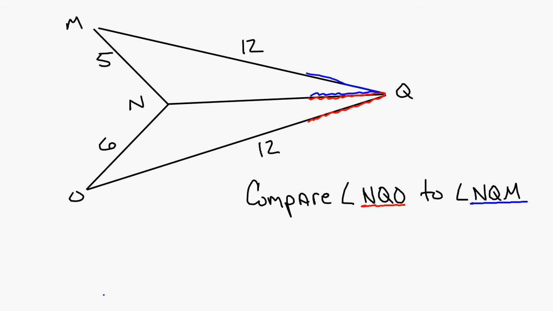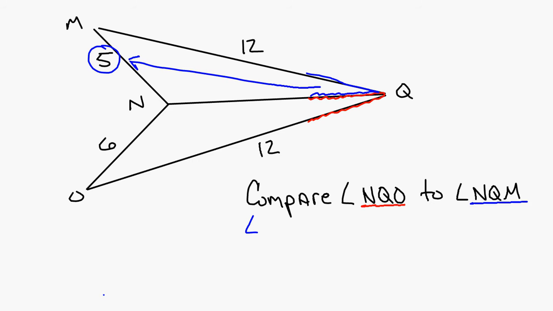So I've got two triangles with two congruent sides. Alright, they share NQ. So NQ is the same in both triangles, and they both have a side that's 12. So you're going to look at the sides opposite the angles, and that's going to determine which angle is larger or smaller. So in this case, is blue larger or smaller than red? Smaller. Blue is smaller than red because the side opposite blue is less than the side opposite of red.